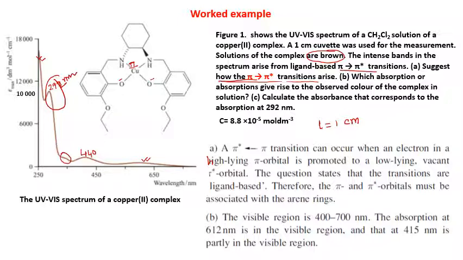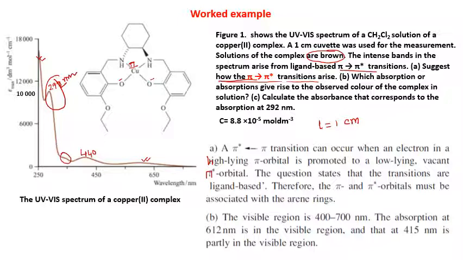So you can assume it's like transfer of an electron from HOMO to LUMO, like highest occupied orbital to lowest unoccupied, vacant orbital. So basically a high lying pi orbital to a low lying vacant pi star orbital.